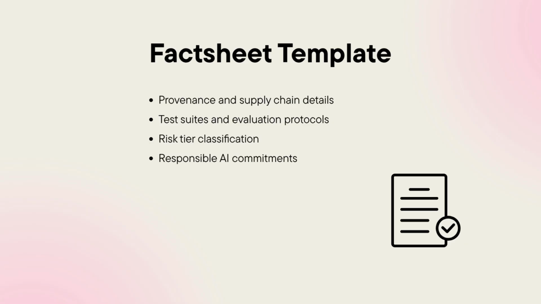Finally, many fact sheets now include explicit responsible AI commitments describing safeguards, governance structures, or escalation procedures. Together, these sections help organizations treat AI not just as code, but as part of a broader socio-technical system that must be managed with rigor and accountability.